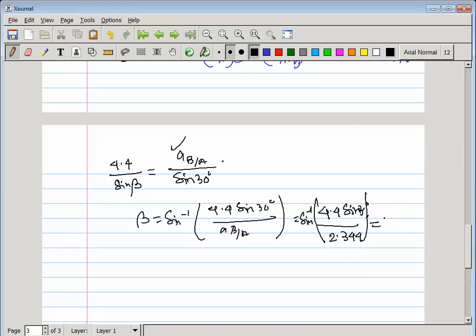So how much will this come? Beta is whatever the value is, that amount will be your answer. Okay. So this is the thing actually.